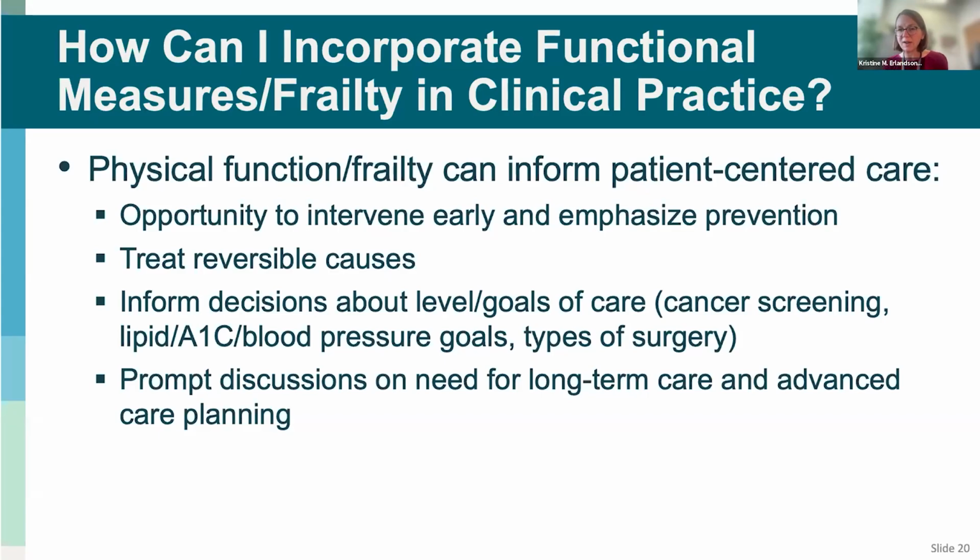Whereas for a person who is quite fit, with a quick gait speed, we can be as aggressive as possible to focus on their cardiovascular disease prevention. These measures can also prompt discussions about long-term care, where we say, I see that you're starting to decline. Do you have resources at home, or can we get you additional support at home?